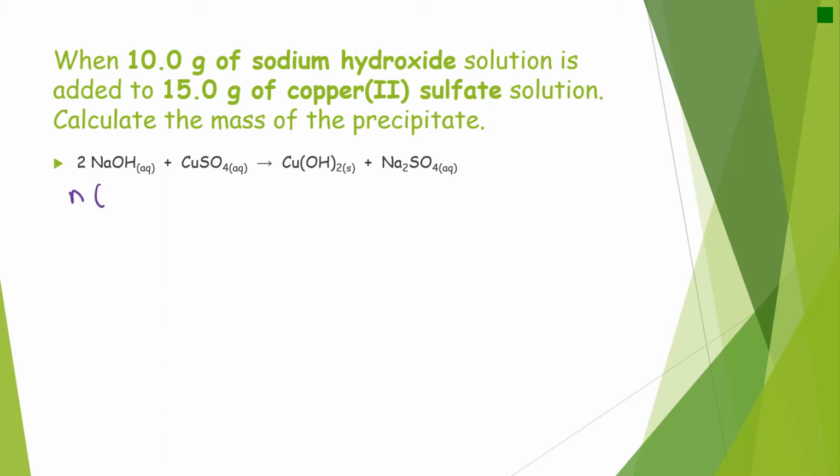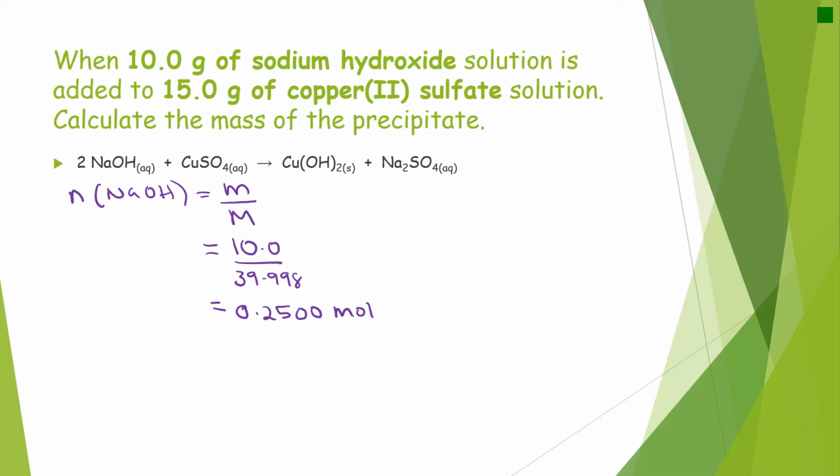The number of moles of sodium hydroxide is equal to mass over formula mass. Please notice I'm telling my marker what I'm doing. So 10 grams divided by the formula mass, 39.998, which I get off the periodic table, is equal to 0.2500 moles. Now I'm going to store that in my calculator.